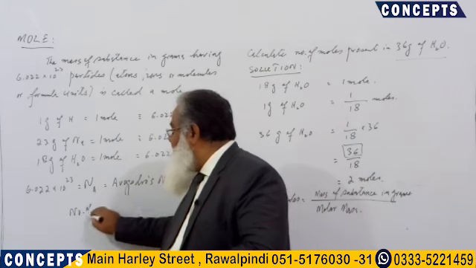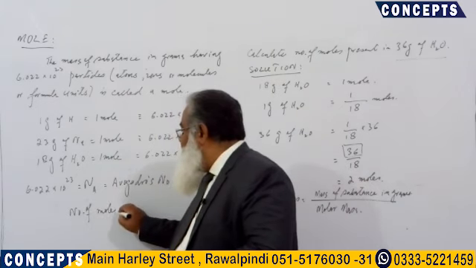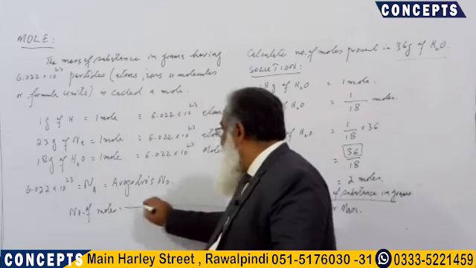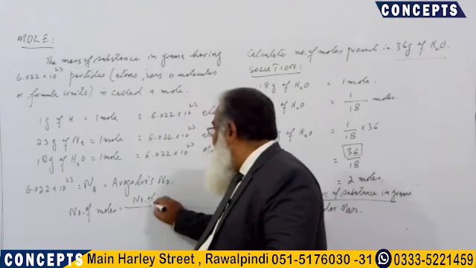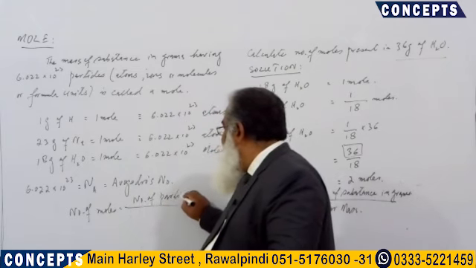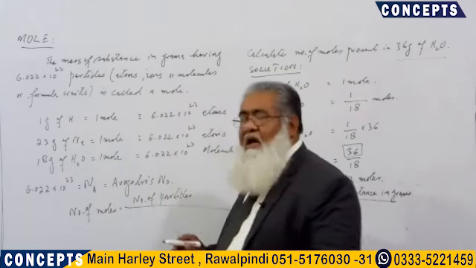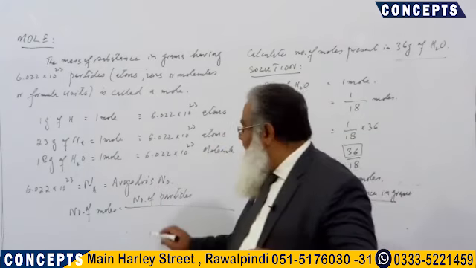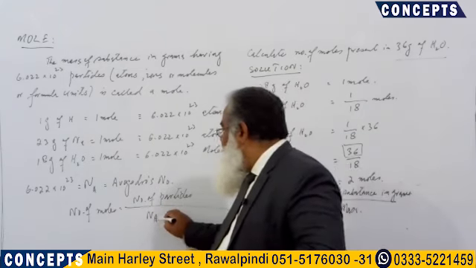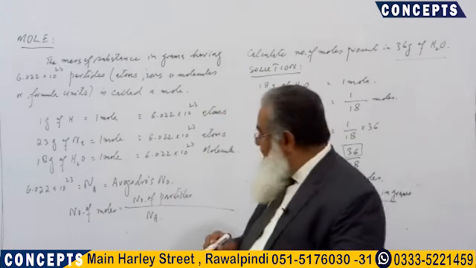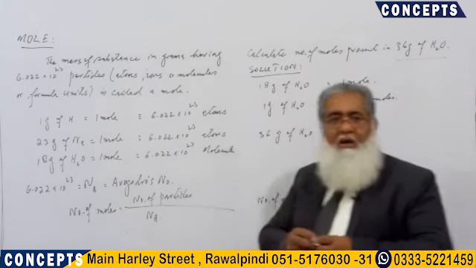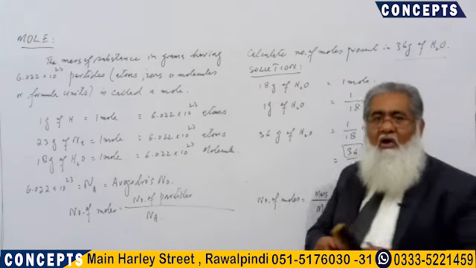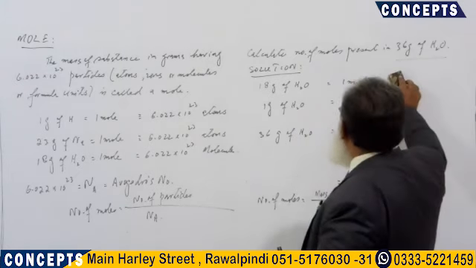Number of moles is equal to number of particles, which may be atoms, ions or molecules, divided by Avogadro's number. Now, with respect to this, we again solve an example.